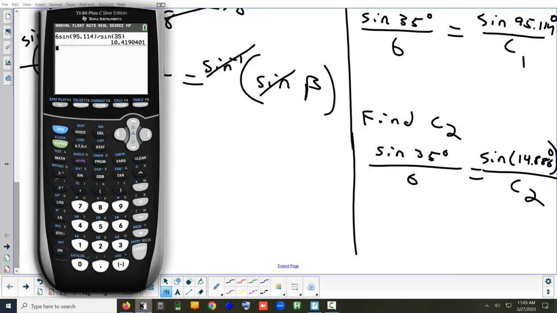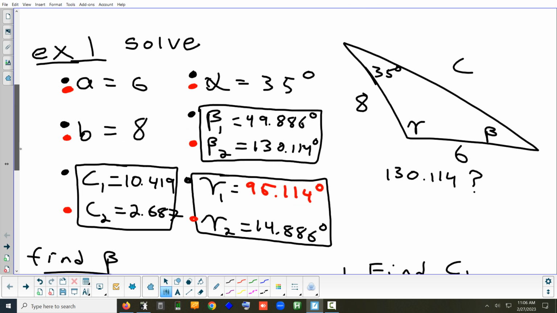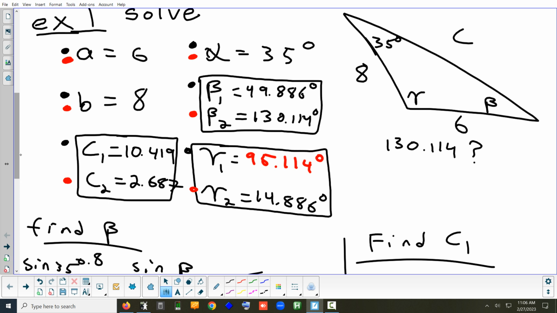And C2 is pretty much the same calculation, except we do 6 sine 14.886, still dividing by sine 35. That's 2.687. So that's a two-solution case with law of sines. There are 6 different answers there, and you get partial credit for every answer you get. Any question on that?